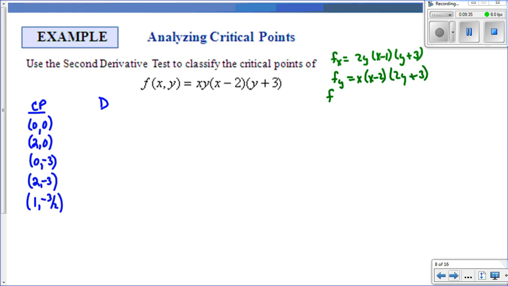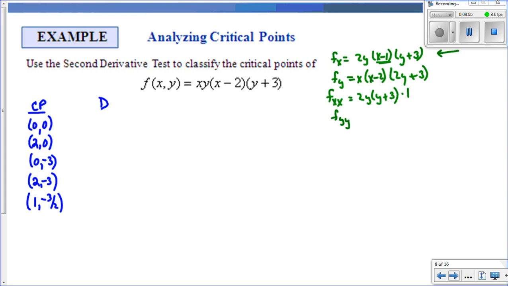So now we need to find the second partial with respect to x, which means take the derivative of this with respect to x again. The only place the x occurs is in this one term, so the 2y and y + 3 are constants, and the derivative of x - 1 would be 1.